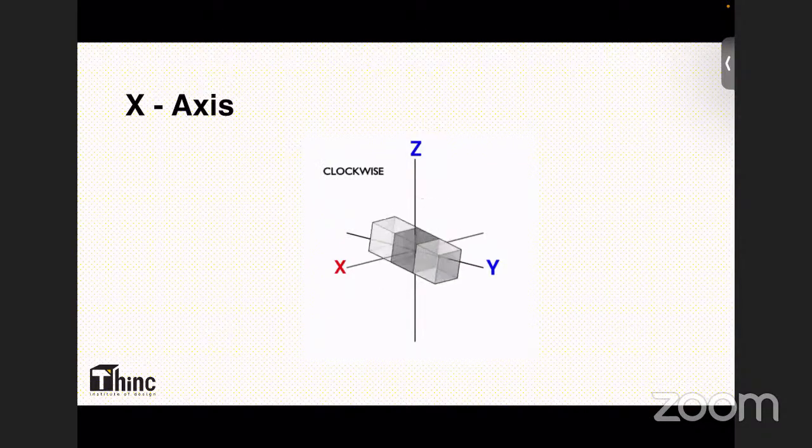Just look at that square, which is a plane, and the x-axis is perpendicular to that square. Rotation along the x-axis means rotating it, keeping the x-axis perpendicular to the plane. Clockwise and anti-clockwise rotation, you can have a look.